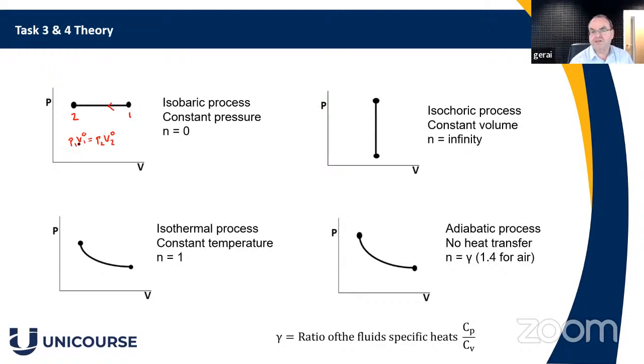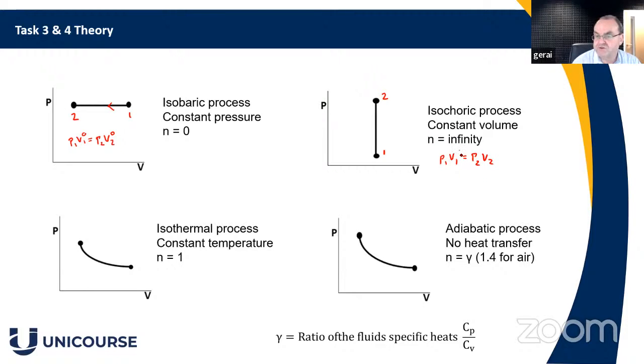We look at the next process, which is an isochoric process. So again, we go from condition 1 to condition 2. We're going to increase the pressure, but we're going to keep the volume constant. That means we have P1 V1 is equal to P2 V2, and the index of compression in this case is infinity.